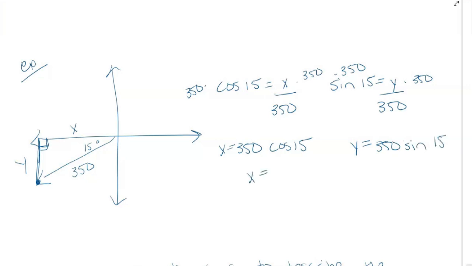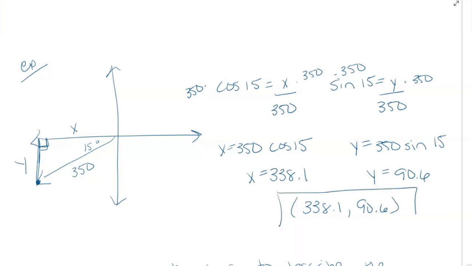When you put that all together, you're going to get x equals 338.1 and y equals 90.6. As an ordered pair then, it would look like this. 338.1, comma, 90.6.